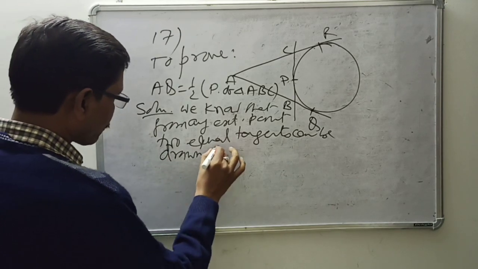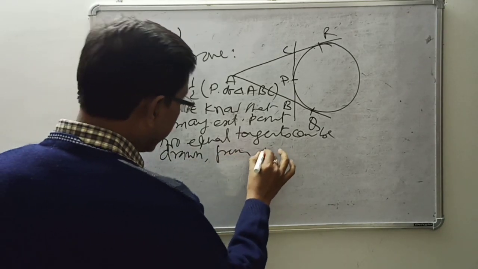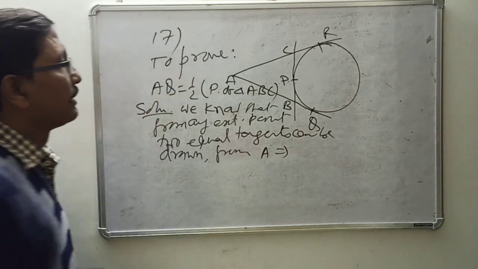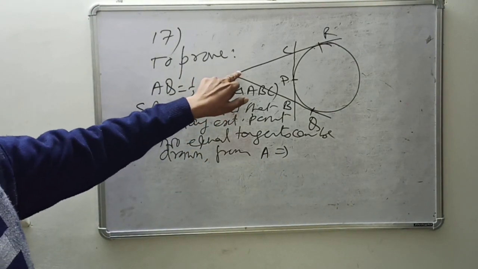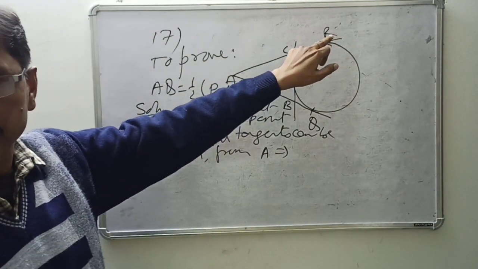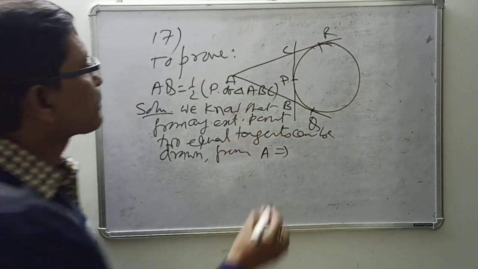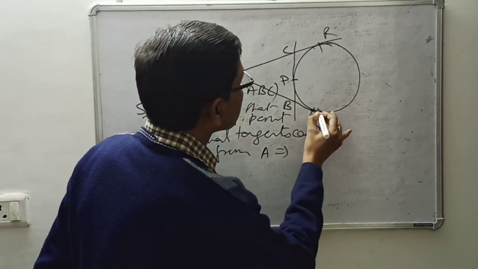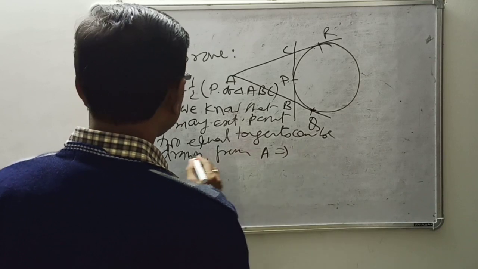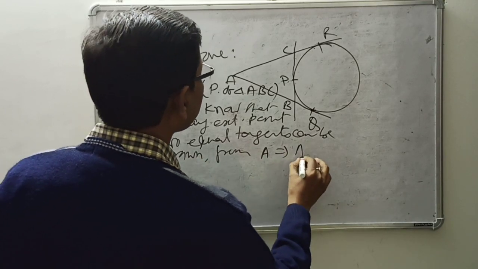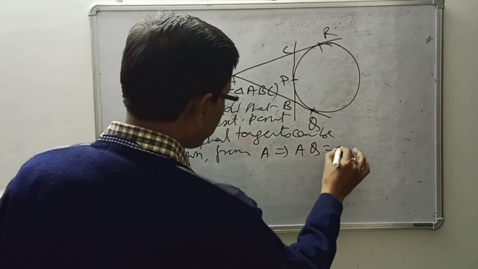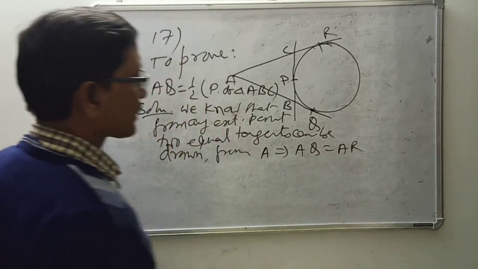So from the point A, you get two tangents, AR and AQ. So from the point A, you will get AQ equal to AR.